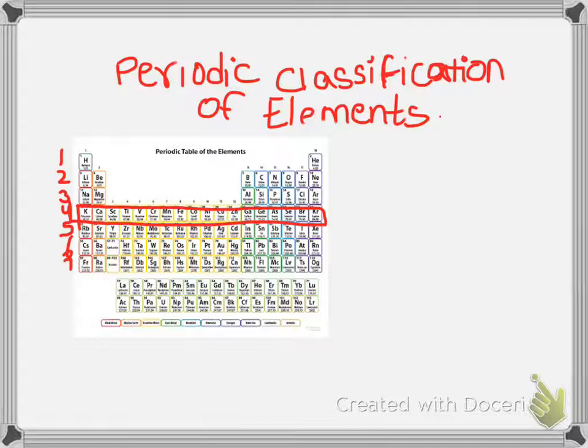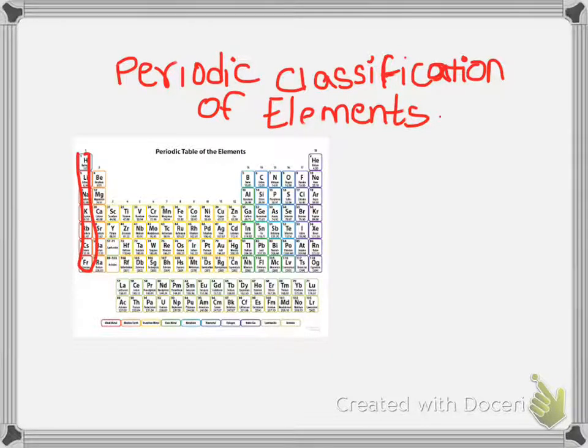Now let's go to a further step. In part 2, we are going to learn the next feature of the periodic table, which is the groups. As we know, the horizontal rows in the periodic table are known as periods. So what about these vertical rows?